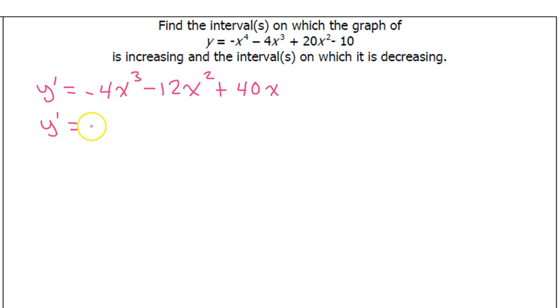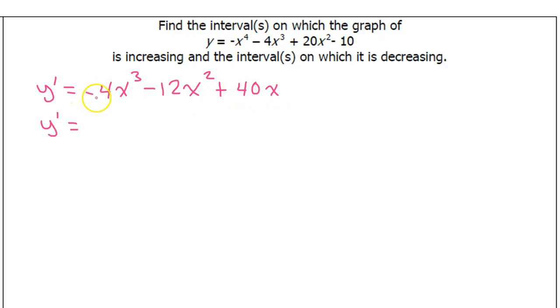The next step is to find the critical values of y. That's where y prime is equal to 0 or where y prime is undefined. In order to find that, it will be easier if we rewrite y prime in factored form. I'm noticing that every factor has an x in it, and every coefficient is divisible by 4.